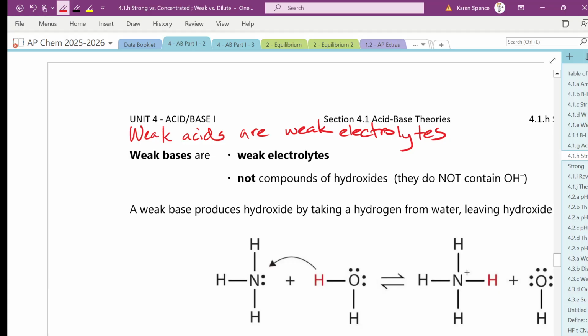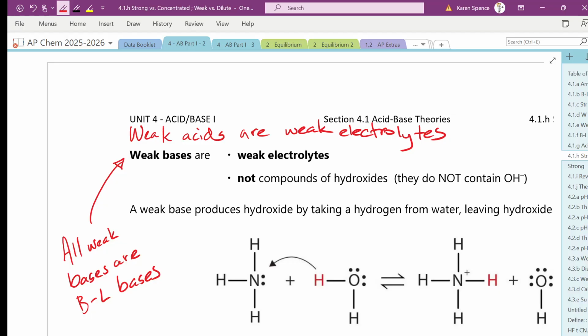Weak bases are also weak electrolytes. And all of your weak bases are what type of bases? Bronsted-Lowry. They are not compounds of hydroxides. They do not contain OH-.